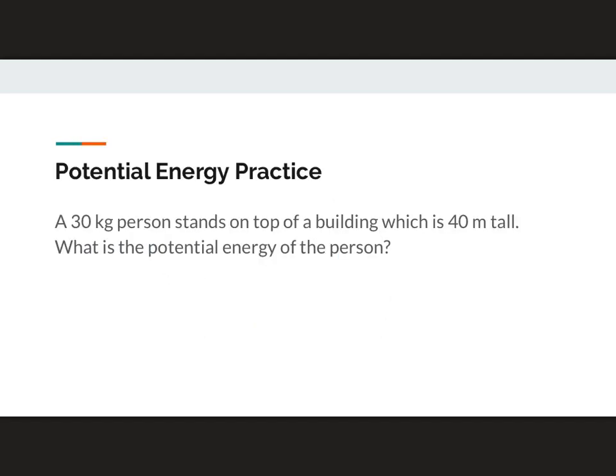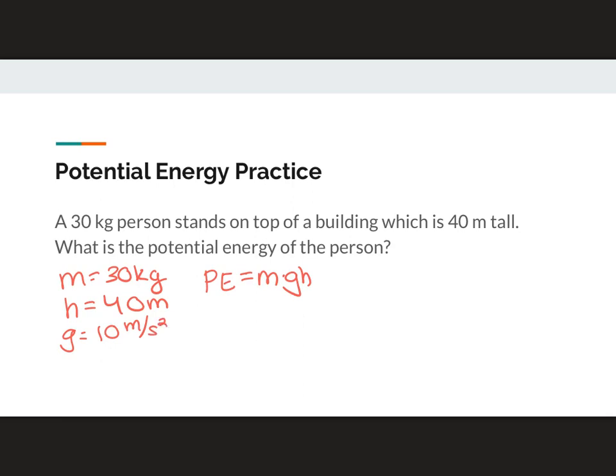So let's do some practice. So this problem is a 30 kilogram person. So my mass is 30 kilograms, stands on top of a building which is 40 meters tall. What is the potential energy of the person? So I'm going to use my equation, mgh. And remember, for gravity, because these numbers end up being so large, a joule is a very, very small unit.